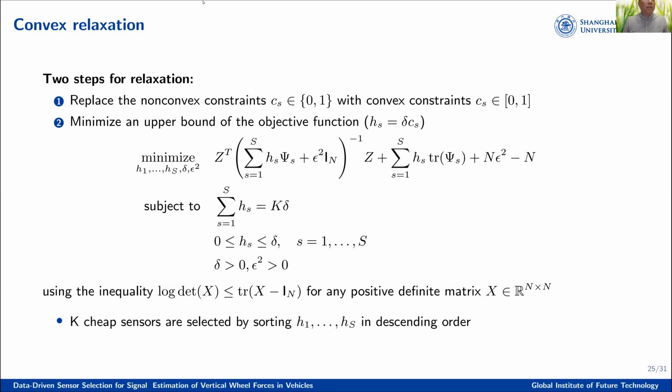The second step is we applied the inequality that log det is less than trace of X minus I, because this is true for any positive definite matrix X. So after this transformation, we can change the original optimization problem into this convex optimization problem. And in this case, the key cheap sensors are selected by sorting H1 to HS in descending order.